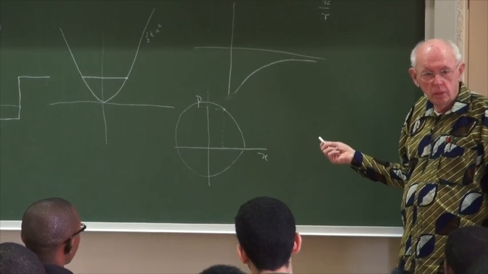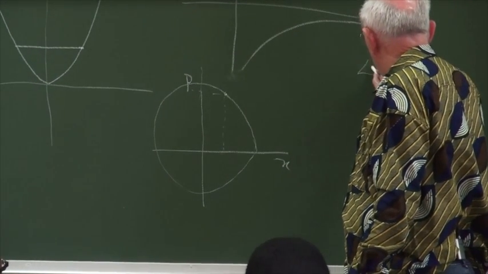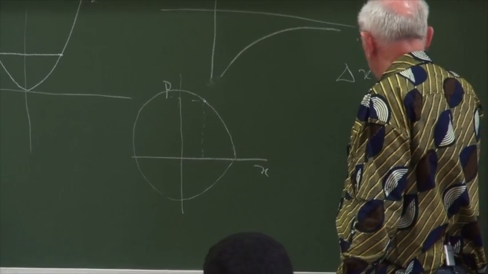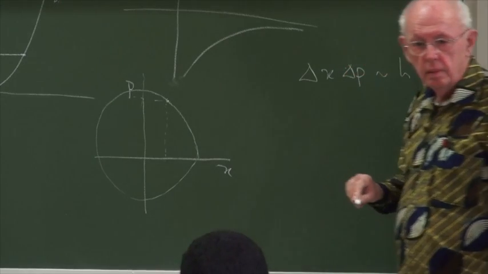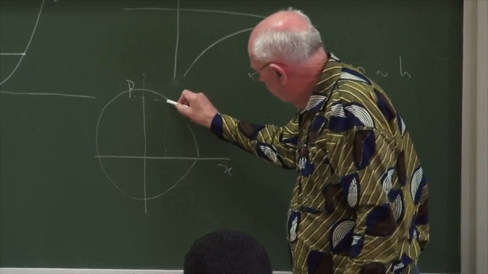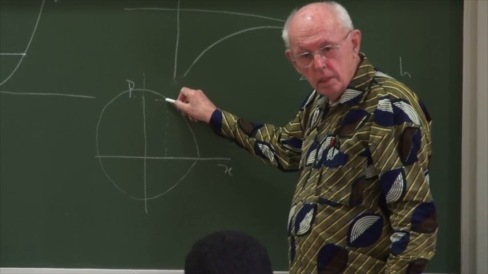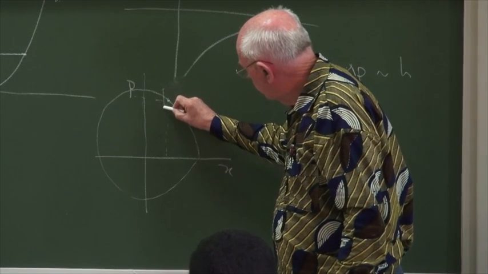It's not possible, because there is this so-called uncertainty relation. Delta x, delta p is of the order of h, which means I don't know that this thing is at this point. I can just say it's somewhere in this block.